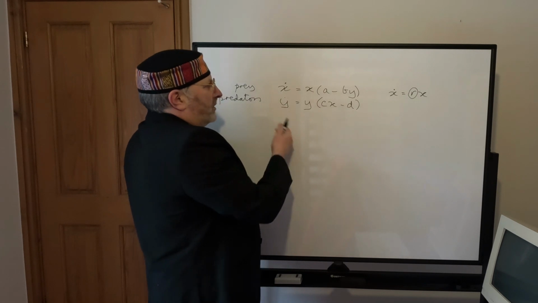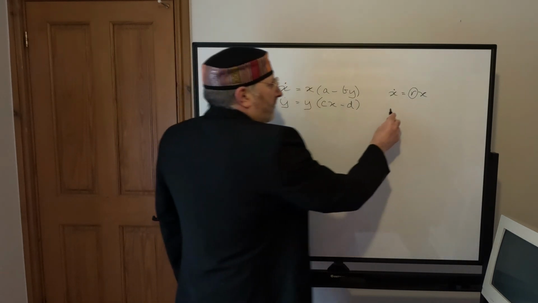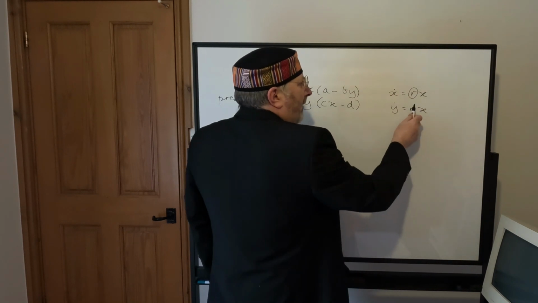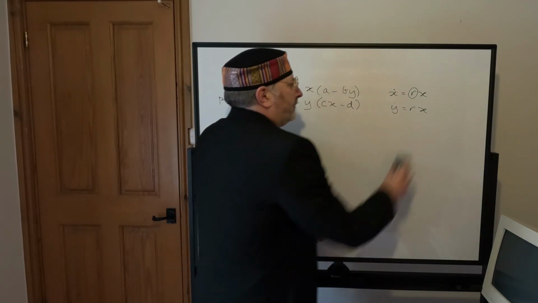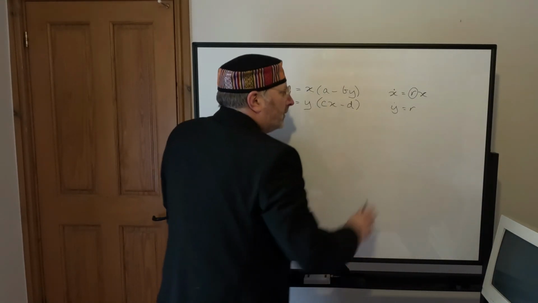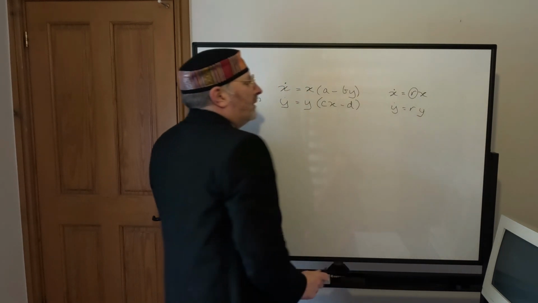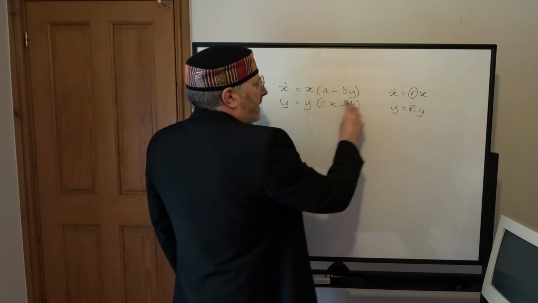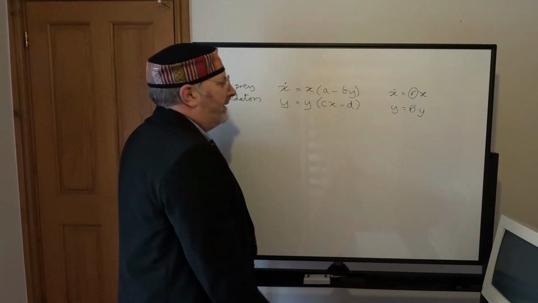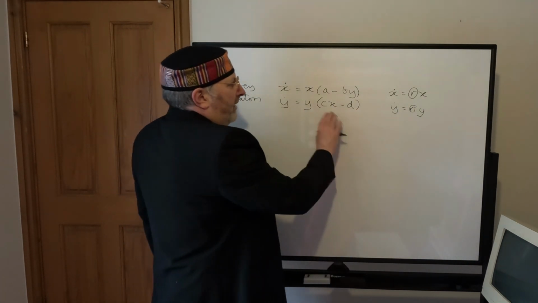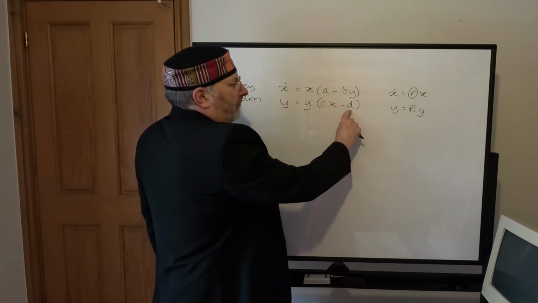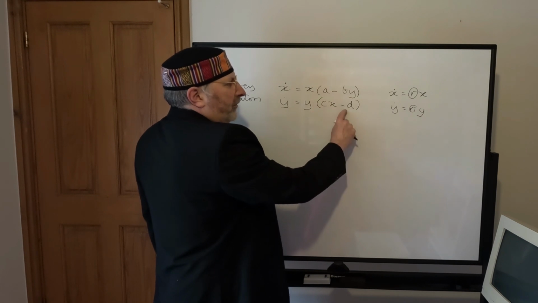And then for the predators, we say that, again, we've got something of the form Y dot equals R times Y, a different R in this case. But in this case, R here is represented by Cx minus D. And what this is saying is that if there were no rabbits, so if we ignored that, the natural rate of increase of the foxes is negative.